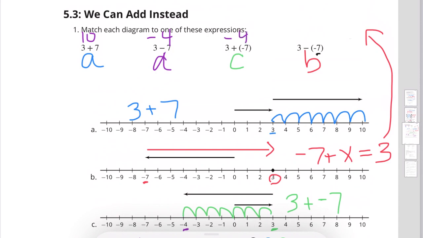And then 3 minus -7, diagram B. So 3 minus -7, which was also 10. So these two are the same, and these two are the same value.